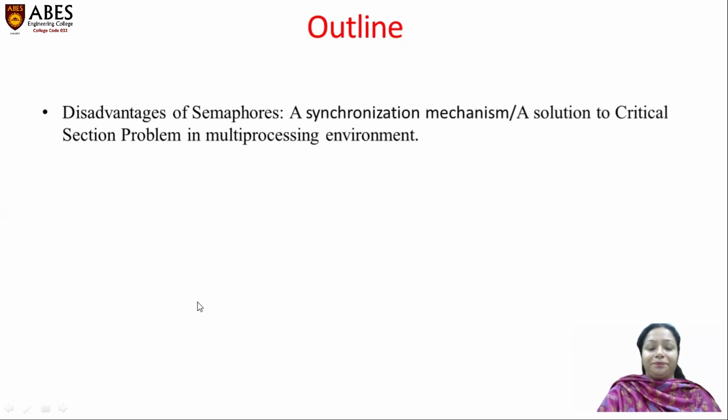We also discussed the two types of semaphores, that is binary semaphore and counting semaphore. Now, in this lecture, we will discuss the major disadvantage of semaphore, that is busy waiting.